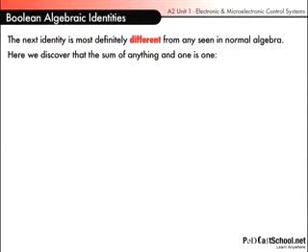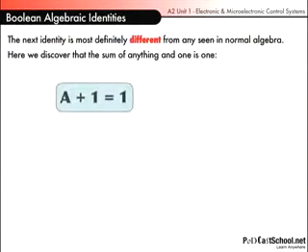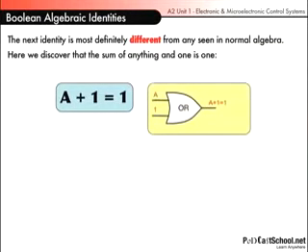The next identity is most definitely different from normal algebra. Okay, I've said that A plus 1 equals 1. Now that won't make sense in the real numbers world, will it? But if we have a look at our OR gate here, and remember ORs come with addition or map with addition. So A ORed with a 1 gives us a 1, no matter what.